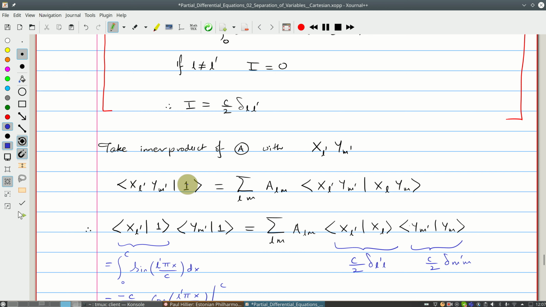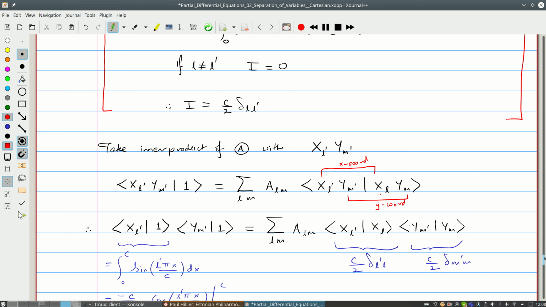So I've split this 1 into two ones, 1 times 1, and then you put 1 there and 1 there. Here these two terms depend on x, and these two terms on y. So I split this inner product into two inner products, one depending on x and one depending on y.